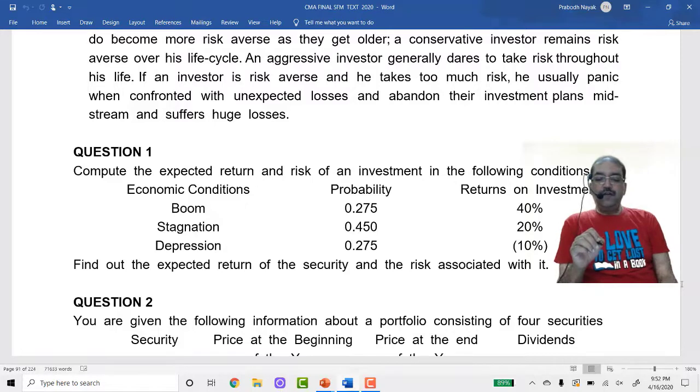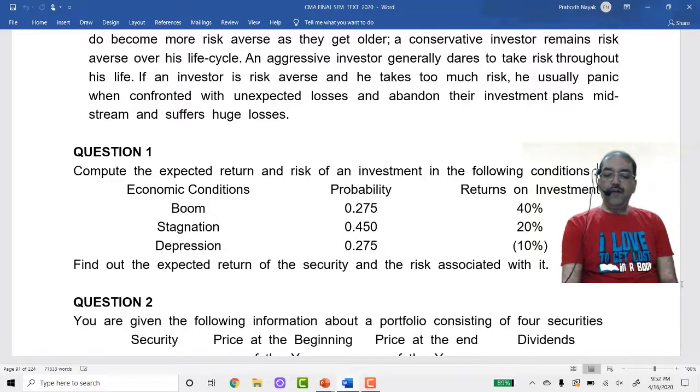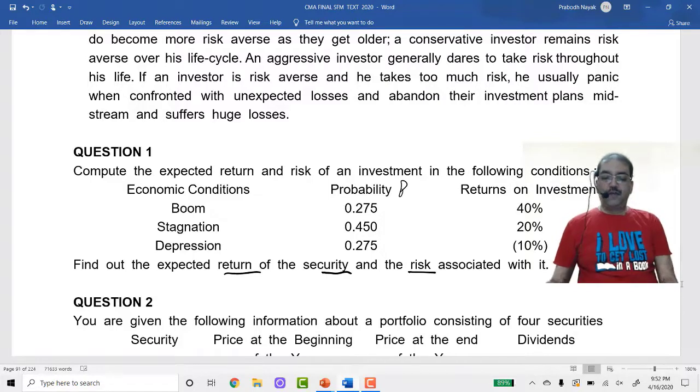Three conditions are given. If you remember, we had done an example of this type. Probabilities are given, and the returns are given. The returns are the X values and probability is the P value. Find out the expected return of the security and the risk associated. Returns and risk both are asked.